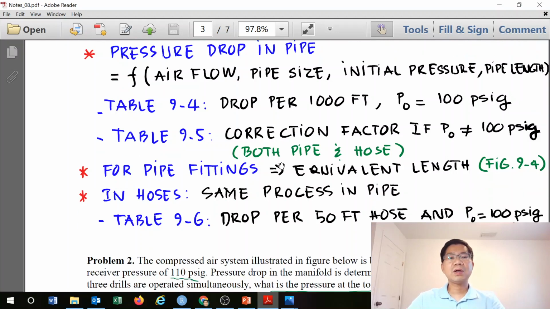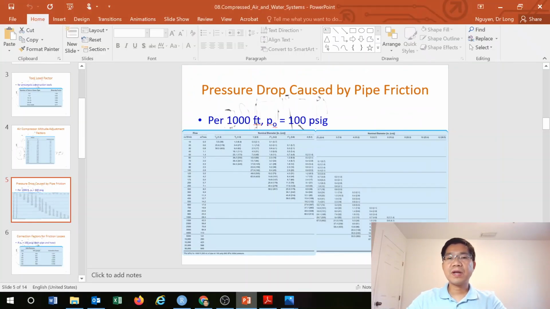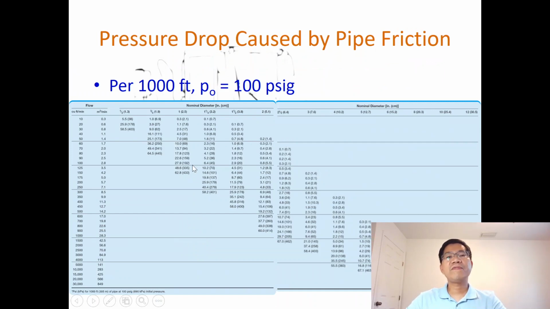So that's the process to do. Let's go to a few tables, and then in the next video you will see how to apply this friction loss in problem 2. So let's go to a few explanations for the tables. In the first table, we determine the pressure drop caused by pipe friction.